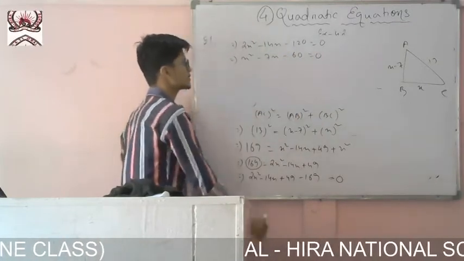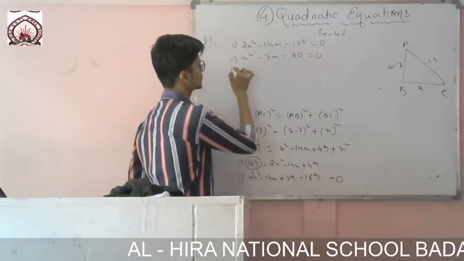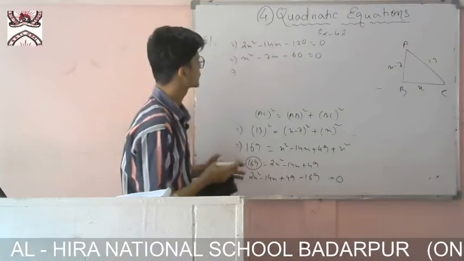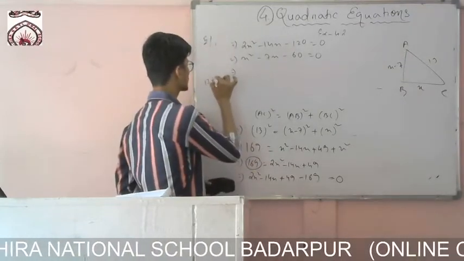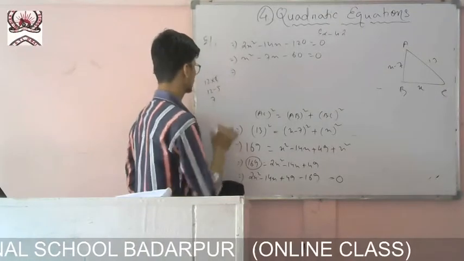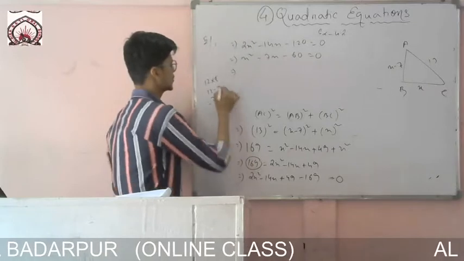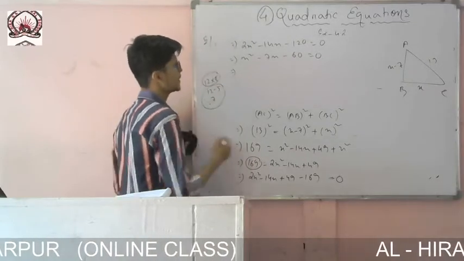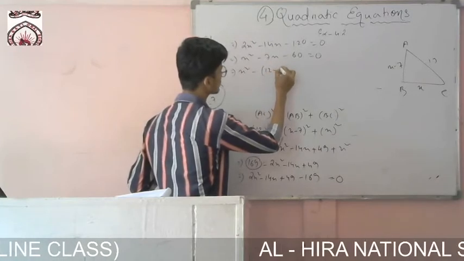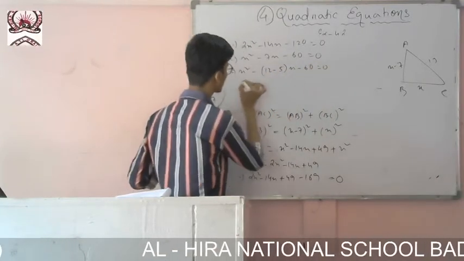Now it becomes easy for us to factorize. So now you see there is 60. So 12 5s are 60. So 12 minus 5, it is 7. Okay, 12 5s are 60 and 12 minus 5, it is 7. So I can write x square minus 12 minus 5 into x minus 60 equals to 0.